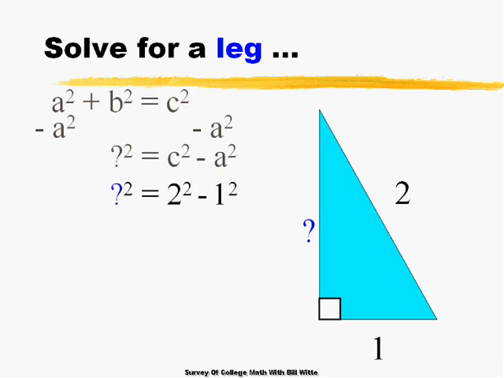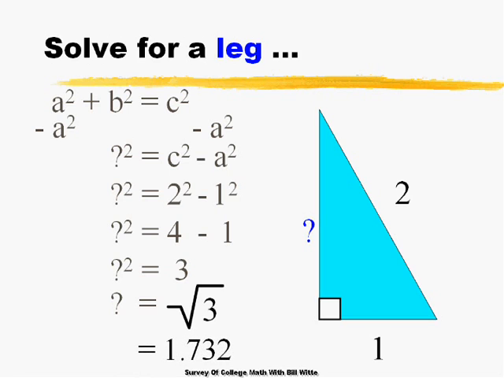In this case, it'll be 2 squared minus 1 squared, and that side will end up being the number squared that equals 3, which I hope you appreciate is the square root of 3, which is a number. So this is very useful.